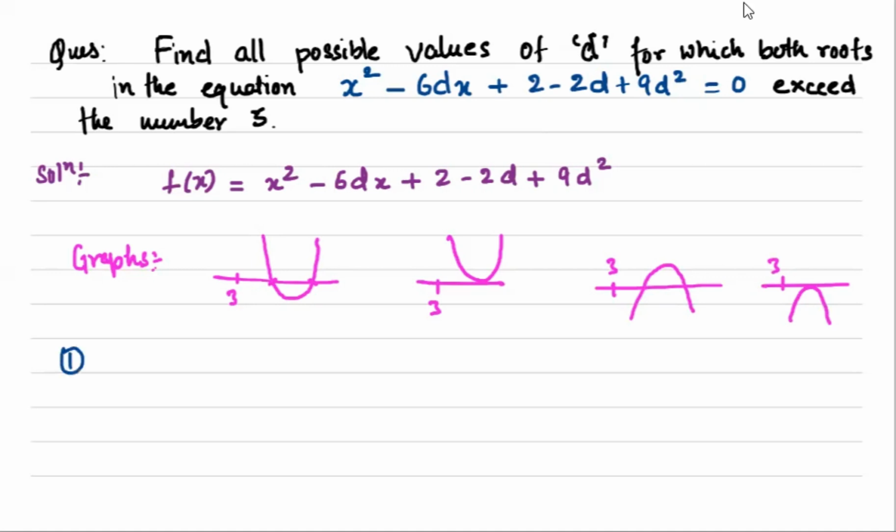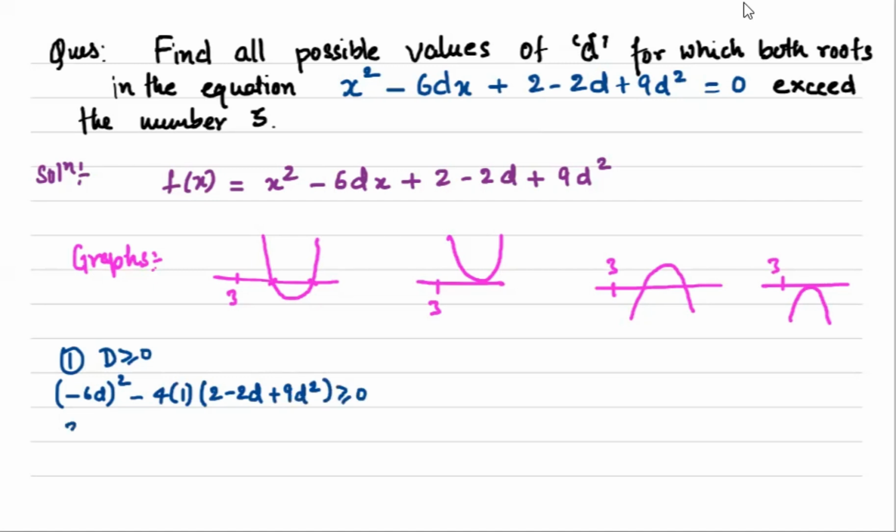So the first condition is that the discriminant should be greater than or equal to 0. I'll plug in: minus b whole square, 6d whole square, minus 4ac, where a is 1 and c is 2 minus 2d plus 9d squared, is greater than or equal to 0.